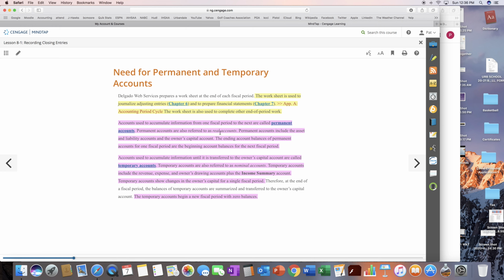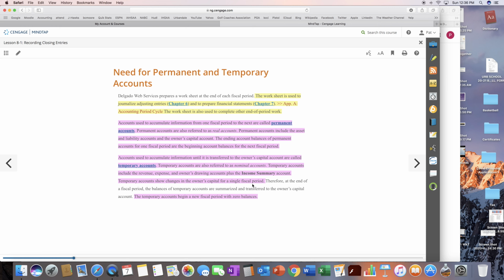Okay, so permanent accounts or real accounts are assets, liabilities, and capital. Temporary accounts or nominal accounts are revenue, sales, all our expenses, and drawing, to go along with the income summary. Okay, temporary accounts show the changes in the owner's capital for a single fiscal period.